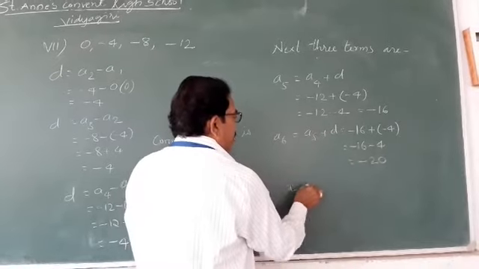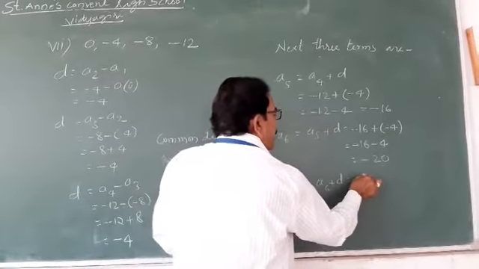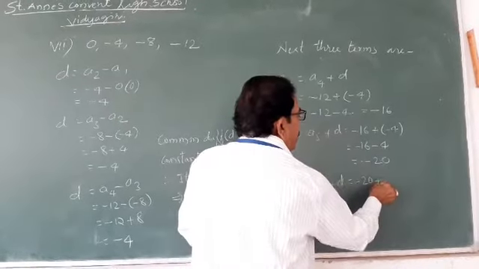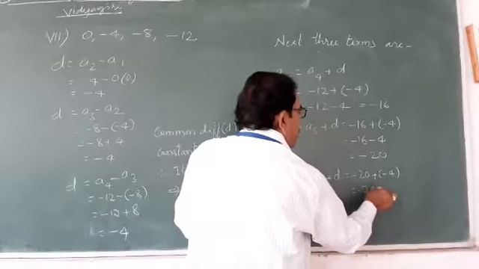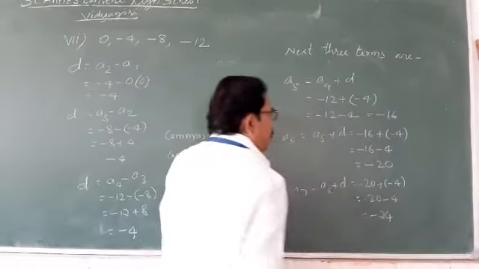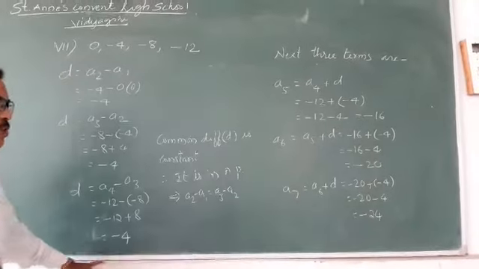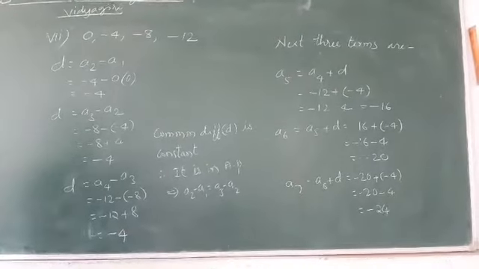Then A7 equals A6 plus D, that is minus 20 minus 4, which equals minus 24. The next terms are minus 16, minus 20, minus 24.